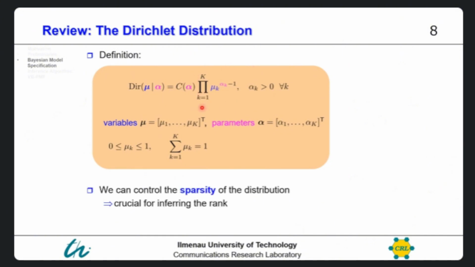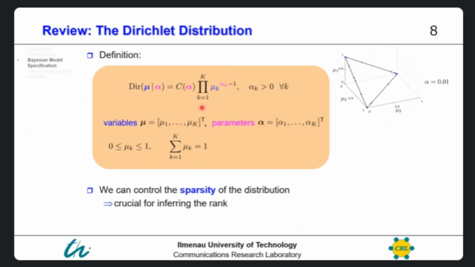And the main advantage of using this distribution is that depending on how you select the alpha parameters, it can control how sparse your distribution is. And this is very helpful for inferring the rank. So I have some examples here.